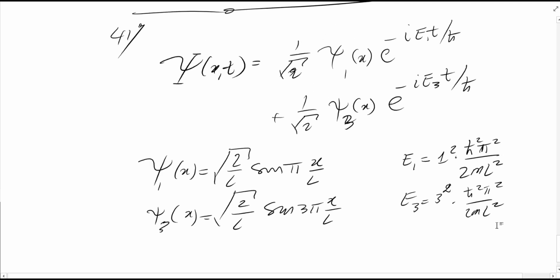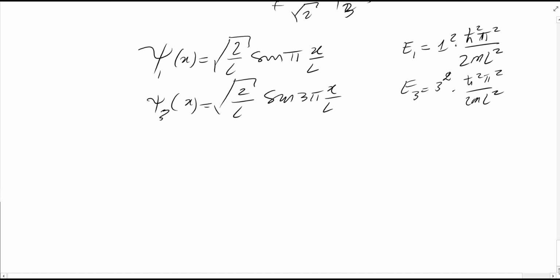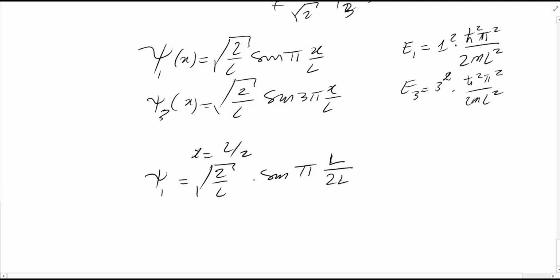So for x equals L over 2, we know what psi 1 is. It's equal to square root of 2 over L times sine of pi times, basically, look at this number in here, x is L over 2 divided by L.